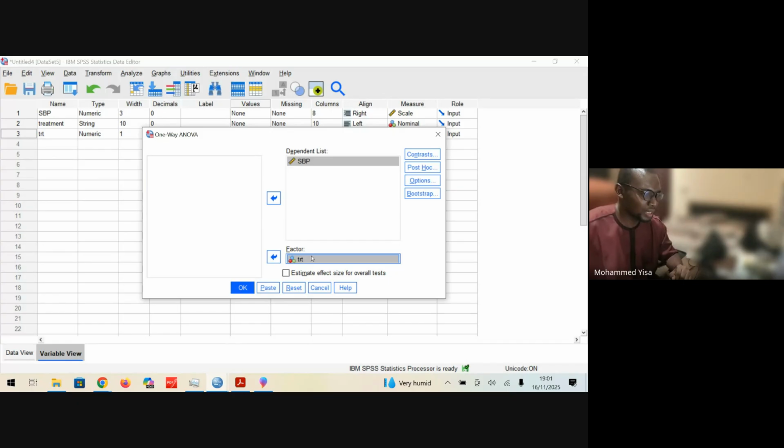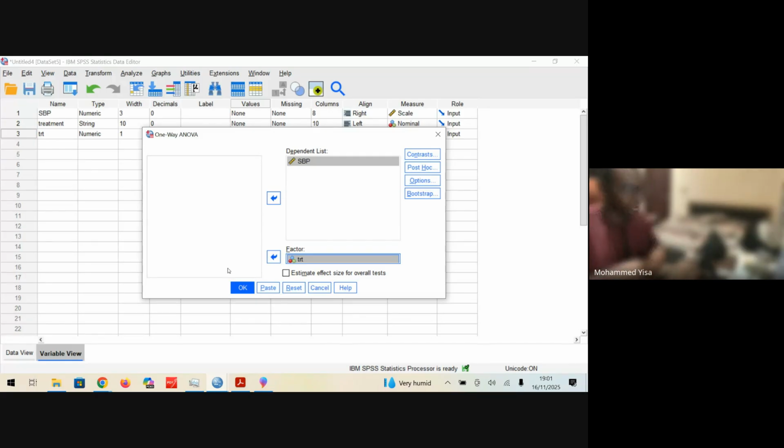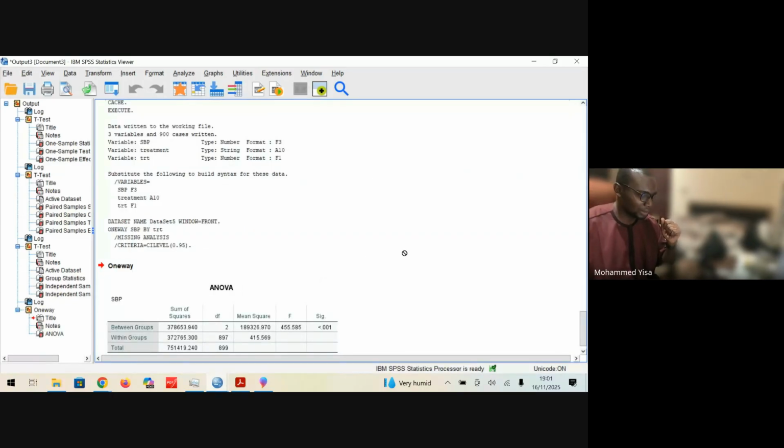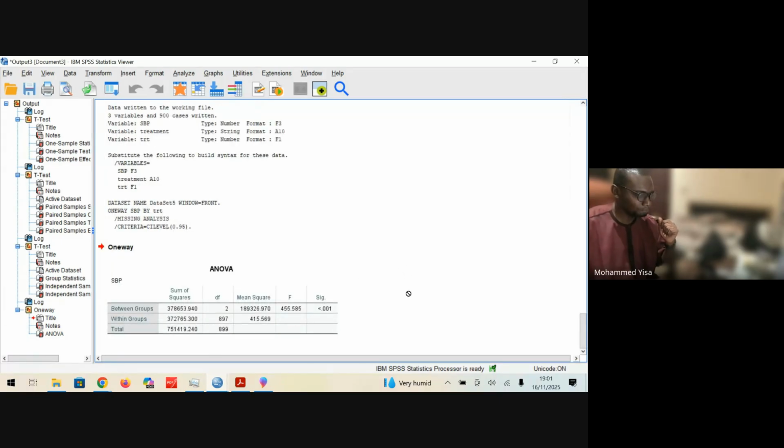So the factor here is whether they are treated. The arms of the trial is the factor. So the placebo arm, the drug X, drug Y. So that is the factor here. So that's what we are doing. So we click OK, and by magic we should have our ANOVA.